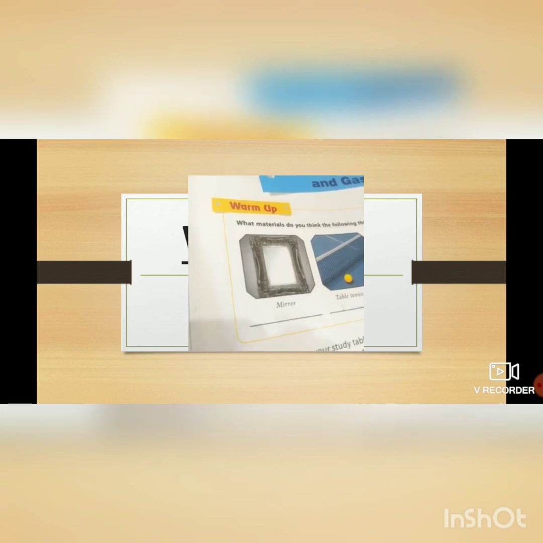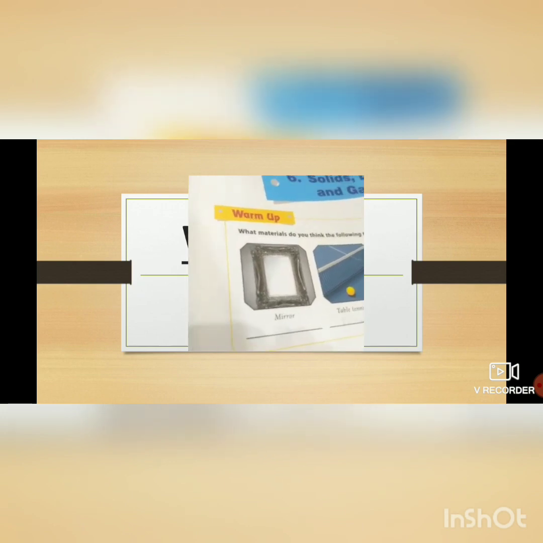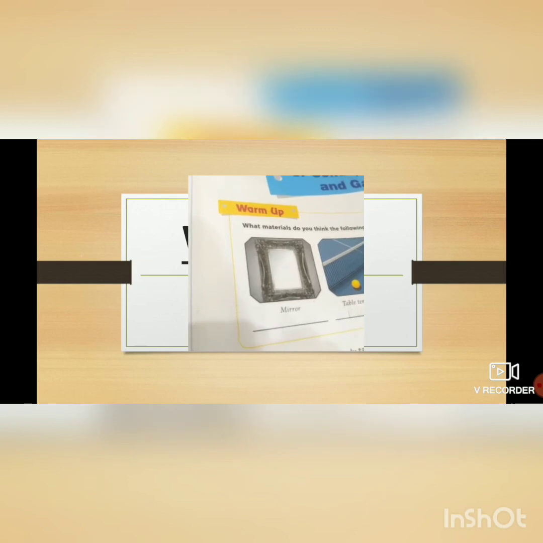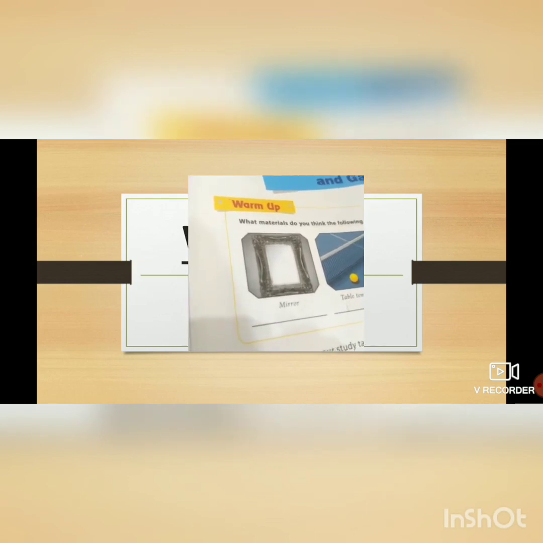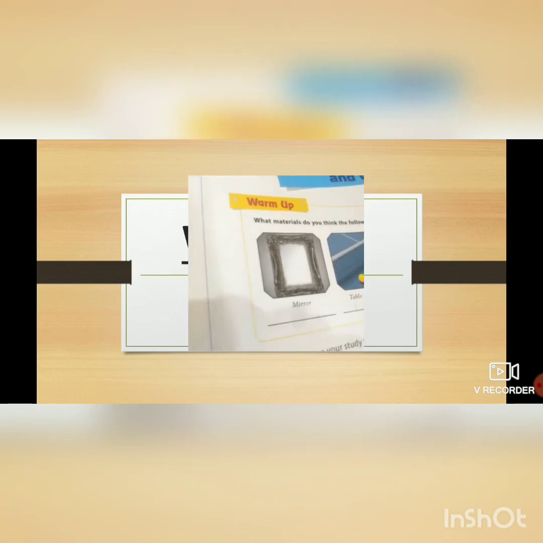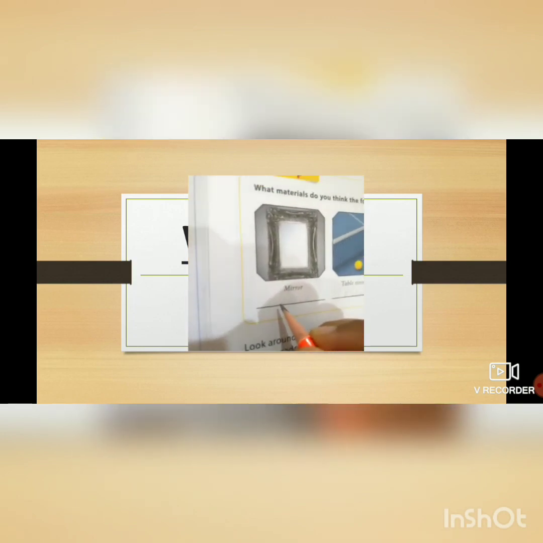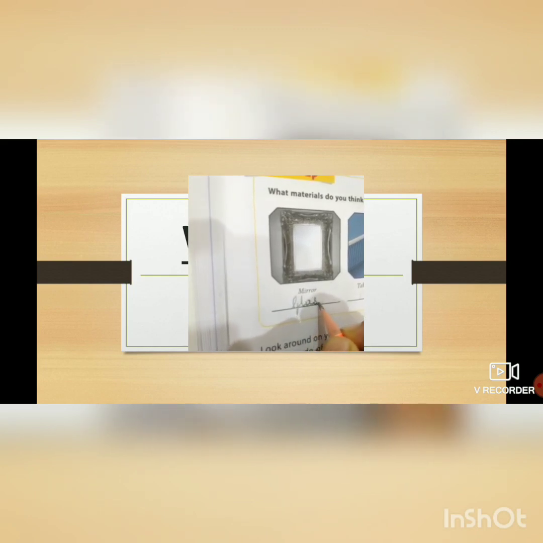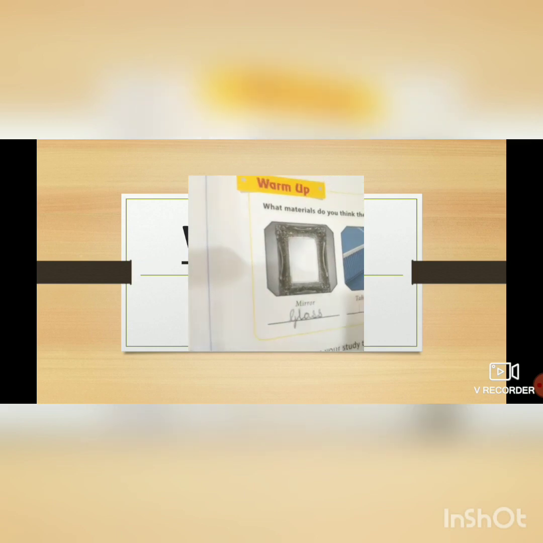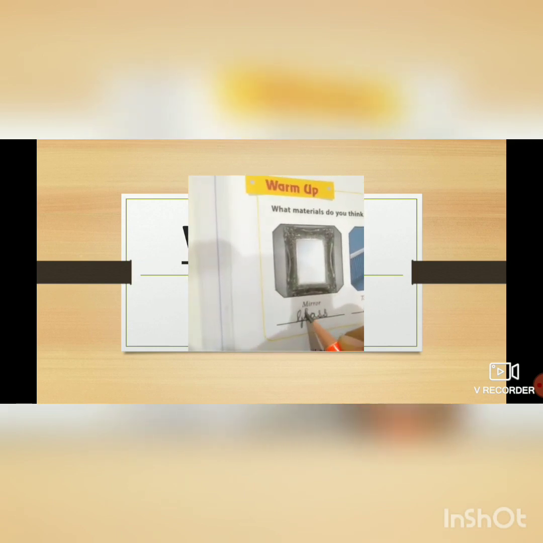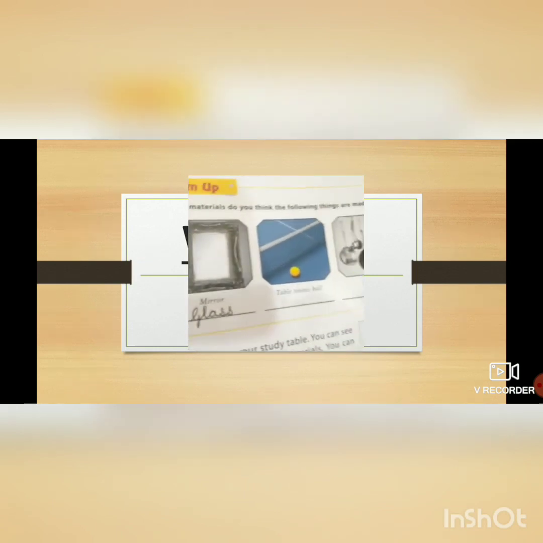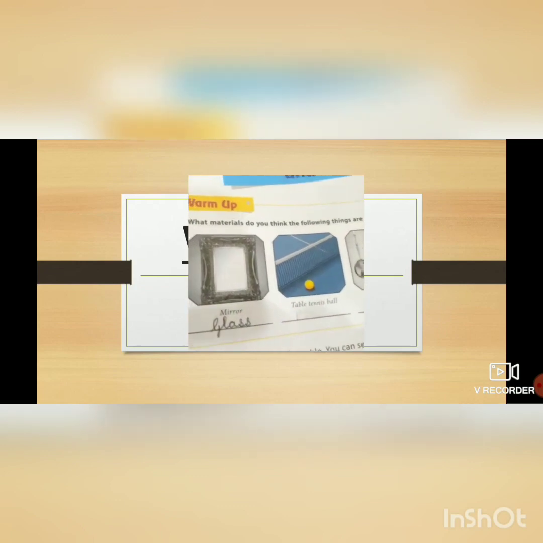Yes, it breaks into smaller pieces. That means the material which can break into smaller pieces is known as glass. So we are going to write glass. You also write with me. So we have done the first one.